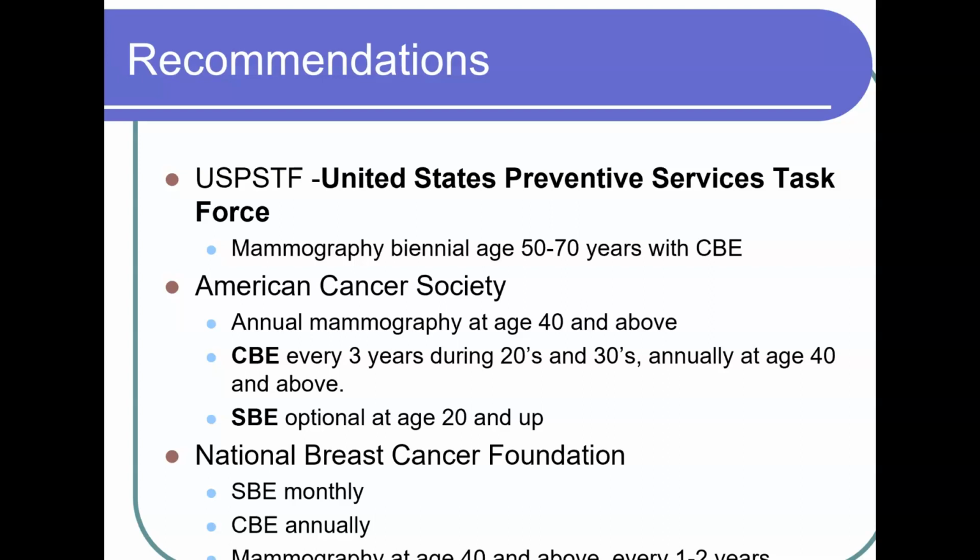Sometimes a good way to do it is in the shower, but the best time to perform a breast self exam is right after the menstrual period, day 4 to 7 of the cycle, when the breasts are the smallest and least congested.